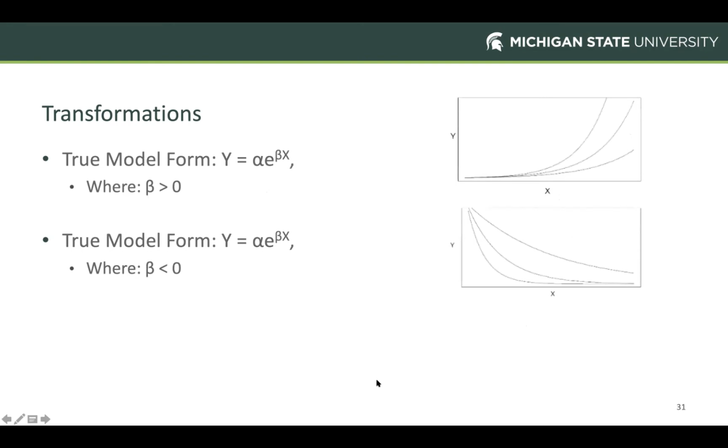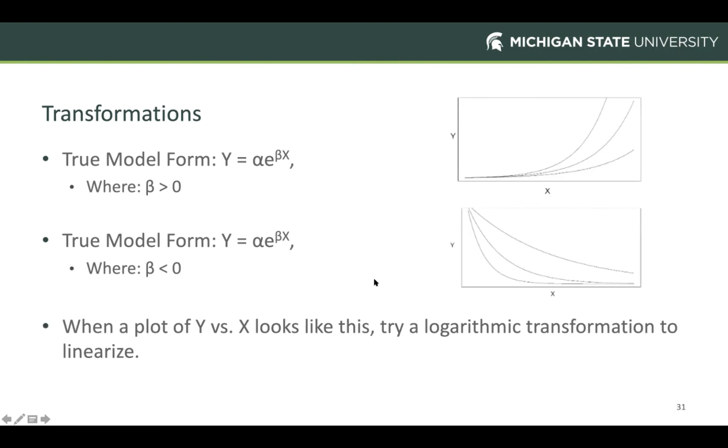And then lastly, and this is probably among our most common, we have functions that look to be exponential in nature, and so we could take our y variable and use a log transform to force these nonlinear relationships to be something closer to linear, okay?